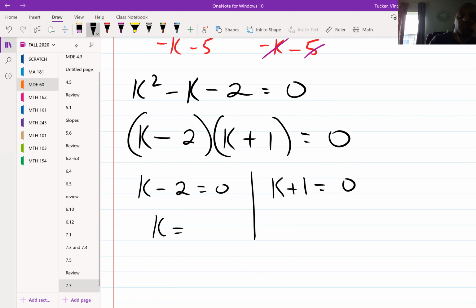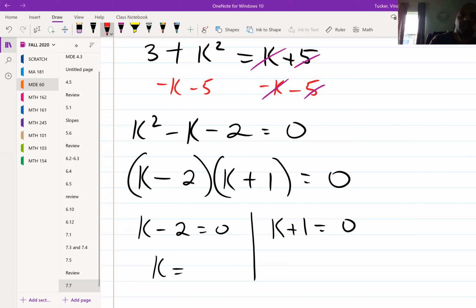K minus 2, because remember, the greater has to take on the front sign. Okay. So the greater number was the 2, so the greater had to take on that minus sign. And my set notation would be positive 2, negative 1.